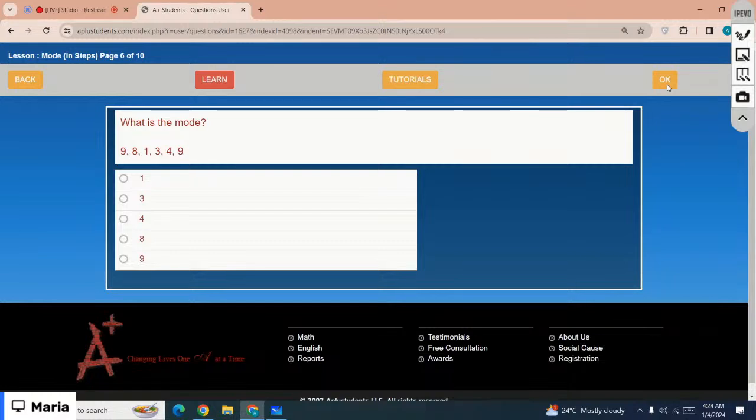What is the mod, which is the correct option? Yes, 9 is the mod. Very good.